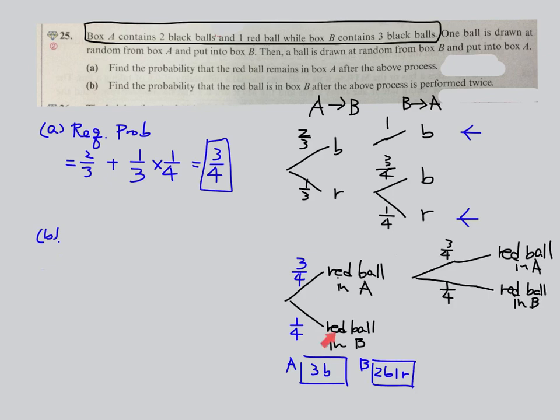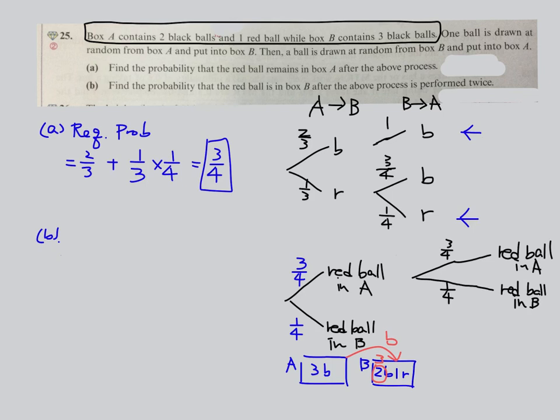But now for this one we need to think about the process. A is put to B, B is put to A again. If I take a ball from A and put it to B, then it must be a black ball moving here. So it will become 3 black, 1 red in my first step.